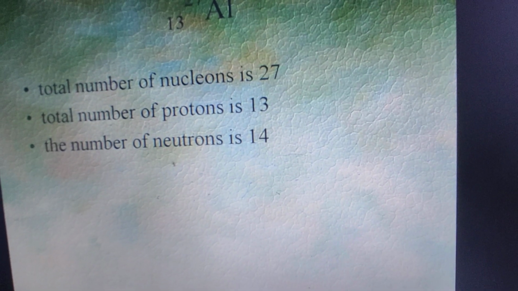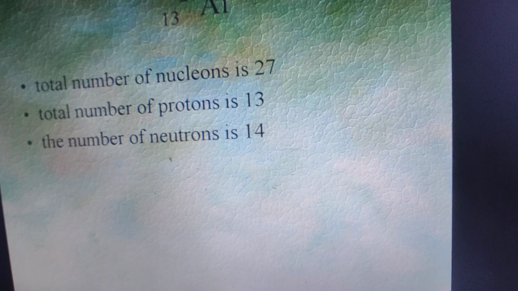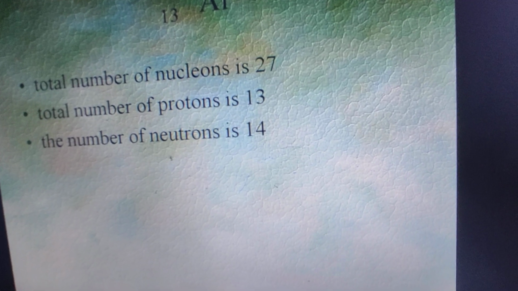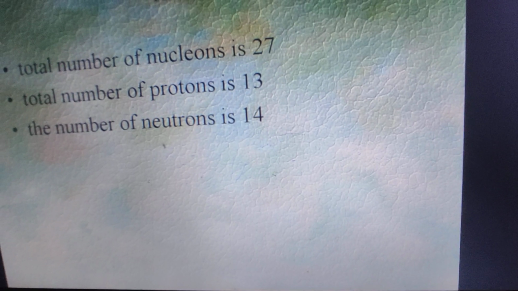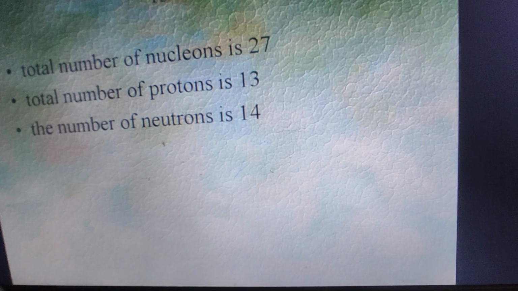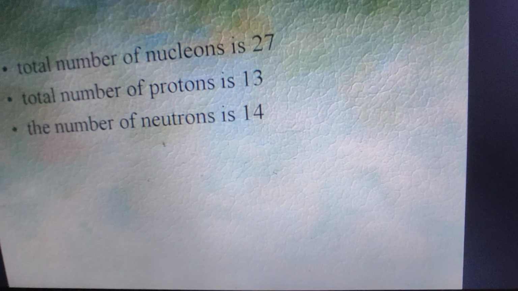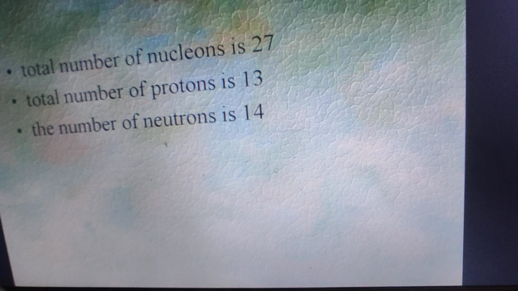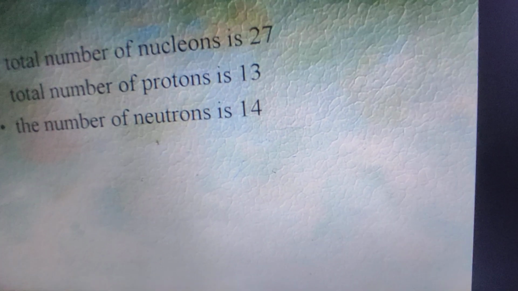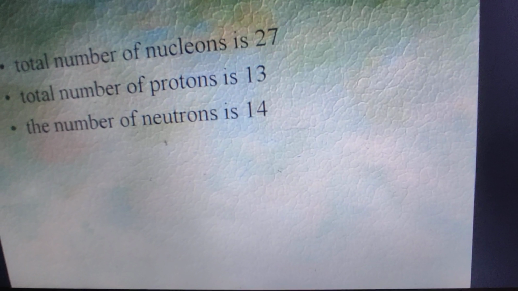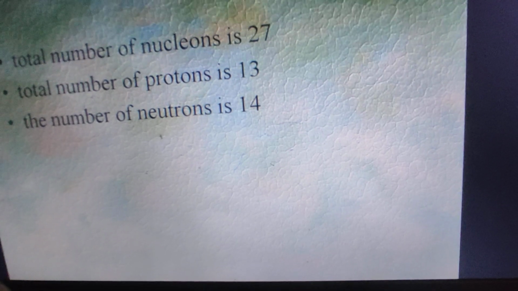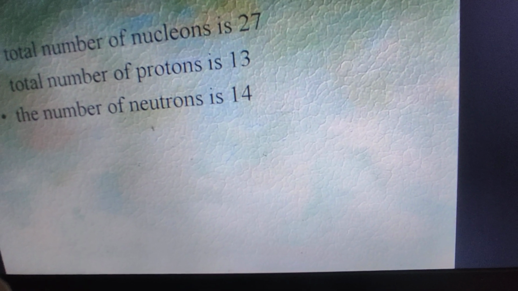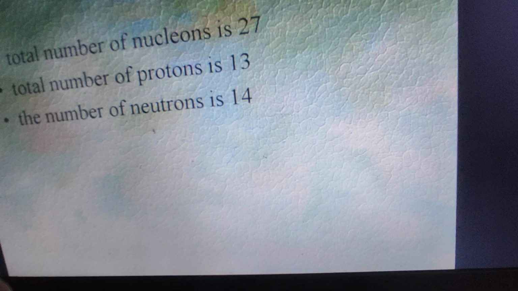N is equal to A minus Z, or A minus P. Z is the number of protons or electrons, and P is the number of protons. So A is equal to Z plus N, or P plus N. Don't get confused: Z is the atomic number, P the number of protons, and N the number of neutrons.